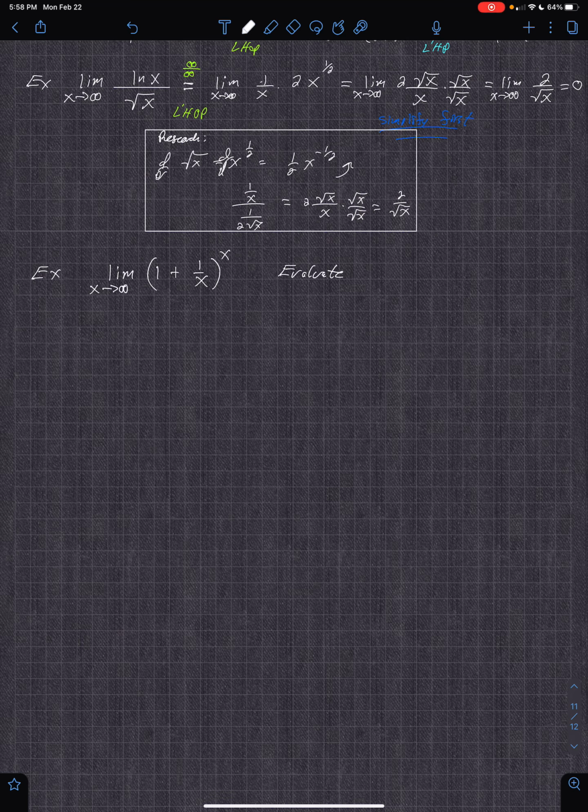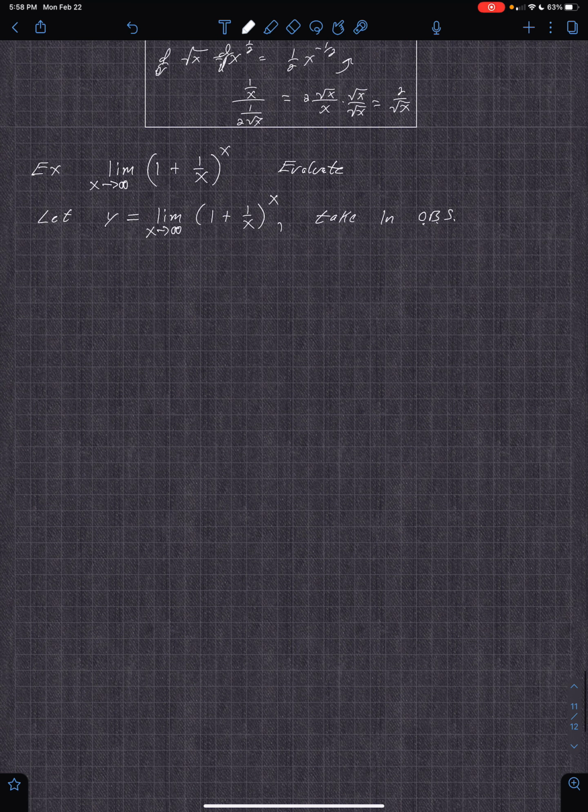So this one is a special number that it approaches. So this is what we can do. We're going to let y equal this limit as x approaches infinity of 1 plus 1 over x raised to the x. And then we are going to basically take the natural log on both sides.